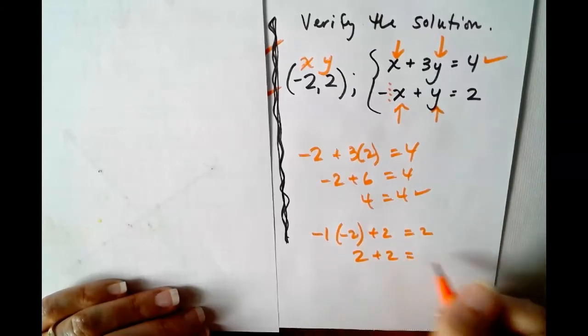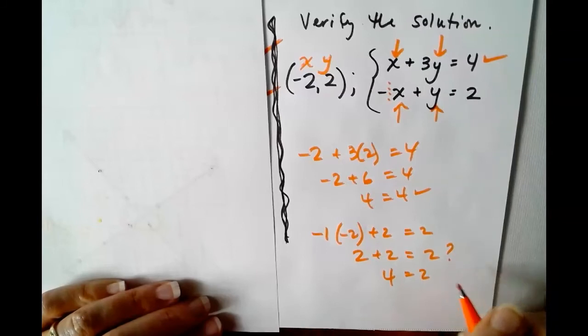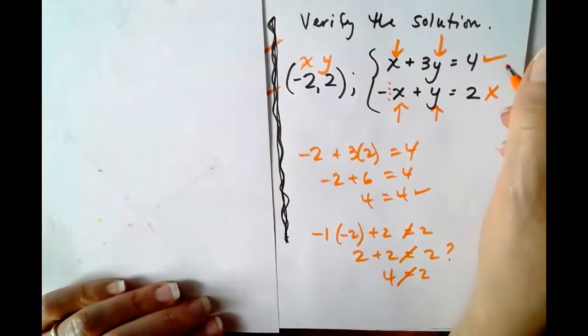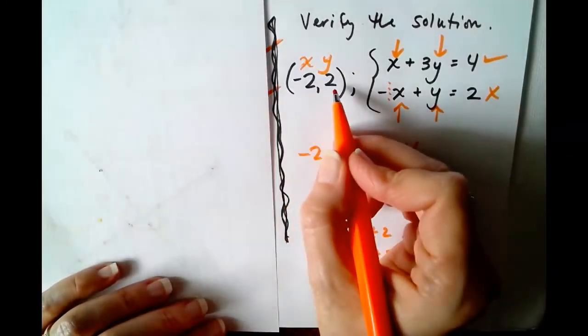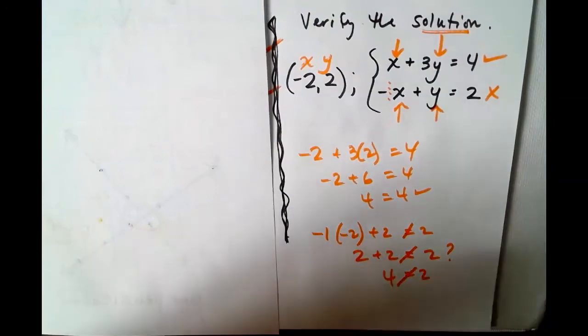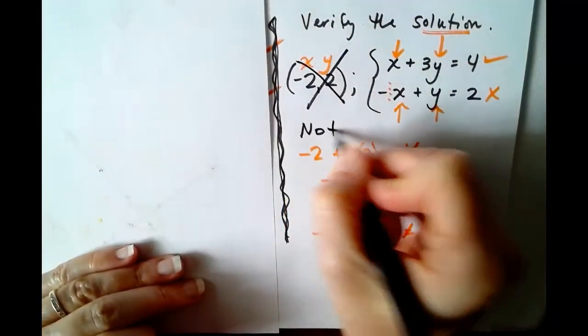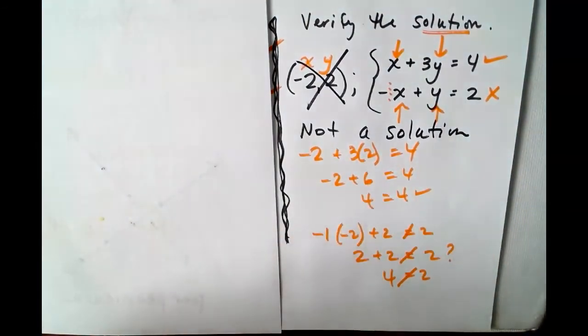Is 2 plus 2 equal to 2? What? Is 4 equal to 2? No. So it satisfies one, but not the other. So is -2 a solution? Not a solution. It does not work because it's got to make them both true at the same time.